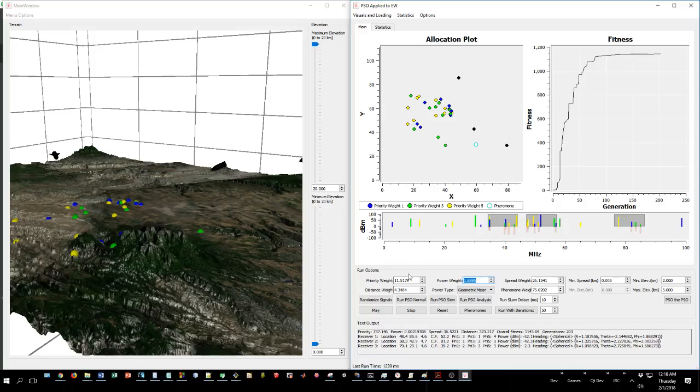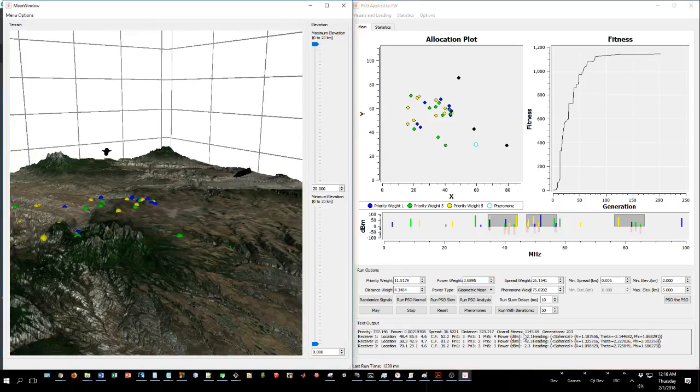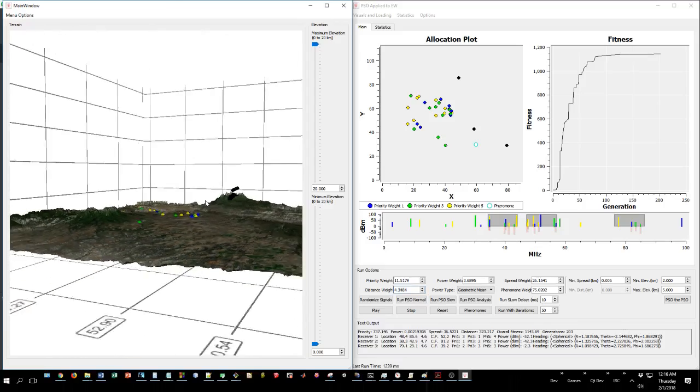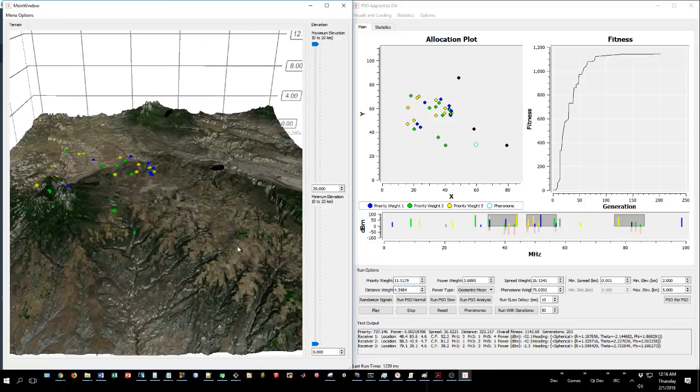Each of these colors represents a priority of what they're receiving. There's also power. We want to make sure that we can actually hear them, which we can see down here, that we actually printed out, though you probably can't see it at that resolution. There's also spread weight, to make sure they're not laying on top of each other. Distance: we want to make sure they're not going too far from the center of mass, so it kind of pulls them in.